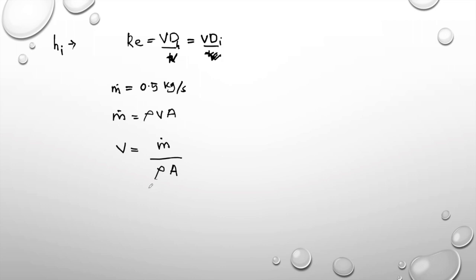Because we are calculating mass flow rate, we are not calculating heat transfer rate. Therefore, A here is a cross-sectional area. If you are calculating surface area, you will use pi D L, and this is normally for heat transfer rate.